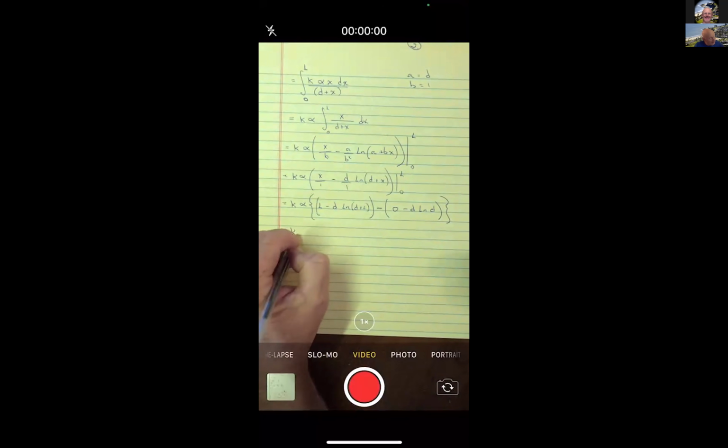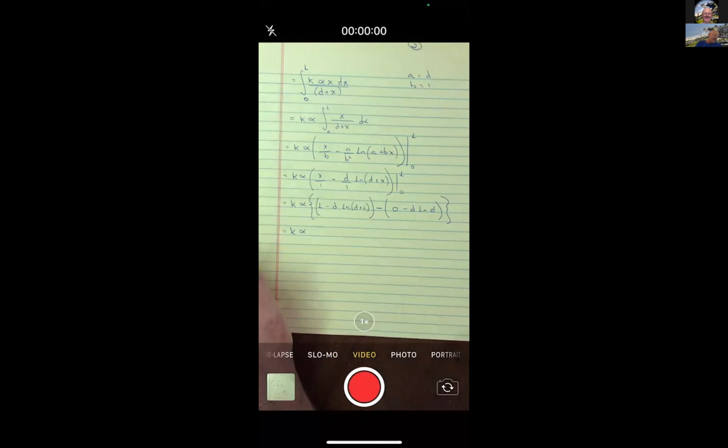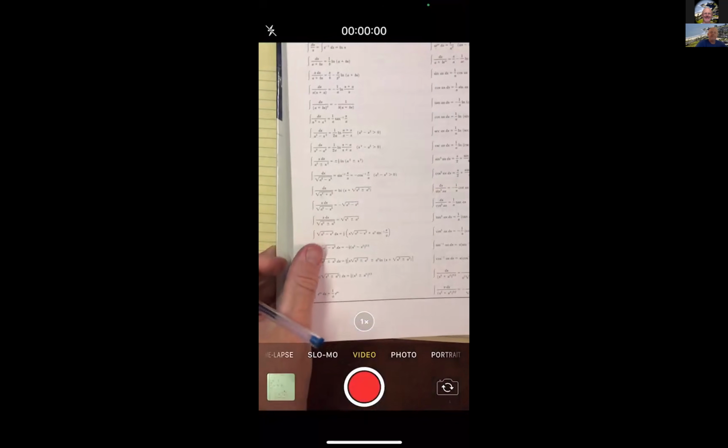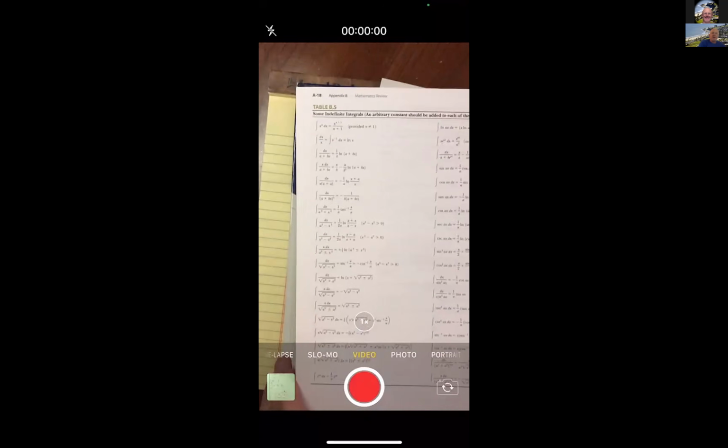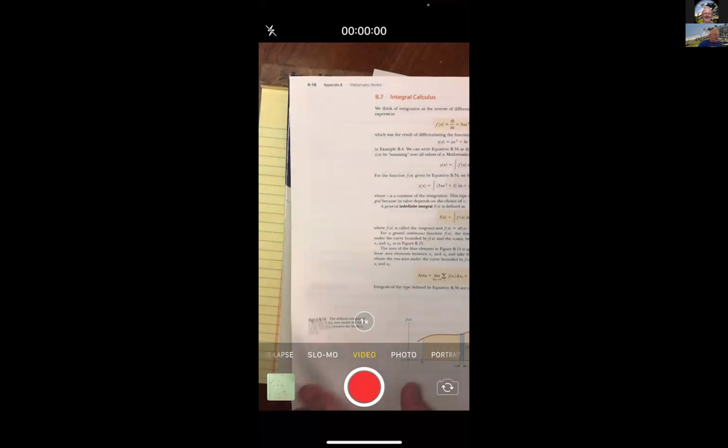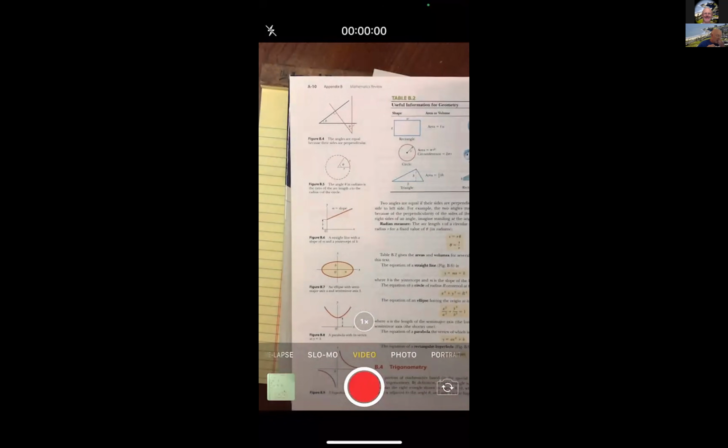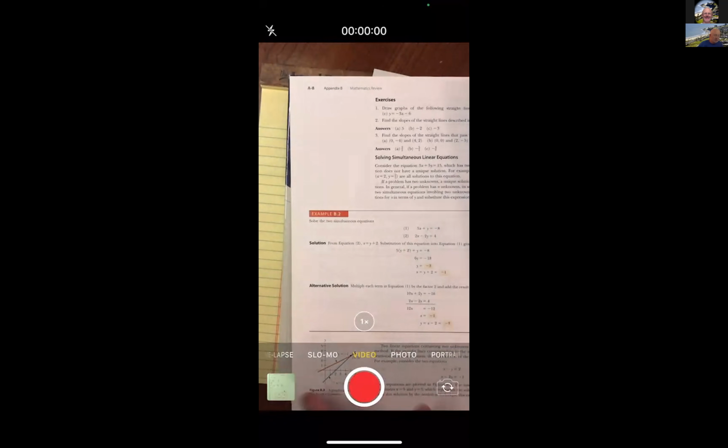Maybe reminding myself of some properties of logarithms. And if I don't, maybe this would be a time to say, all right, again, here's that appendix B. Let me go back. Trig. For trig is probably some nice logarithm stuff.